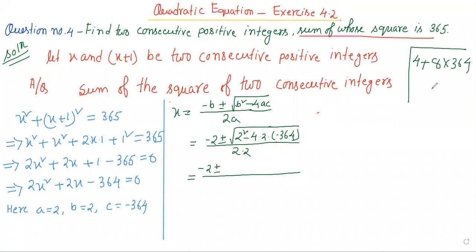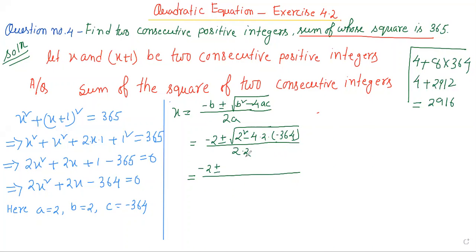Now the value of 8 into 364 is 2912, right? So we calculate it as 2916.